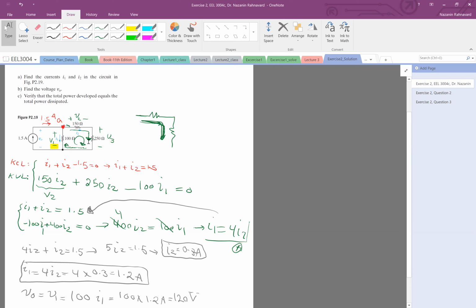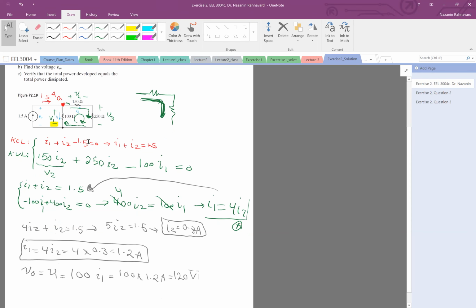Okay, and then part C: verify that the total power developed equals the total power dissipated. For power, we have all the currents, and for a resistor we can just use V equals Ri. P1 is the power of the 100 ohm resistor.